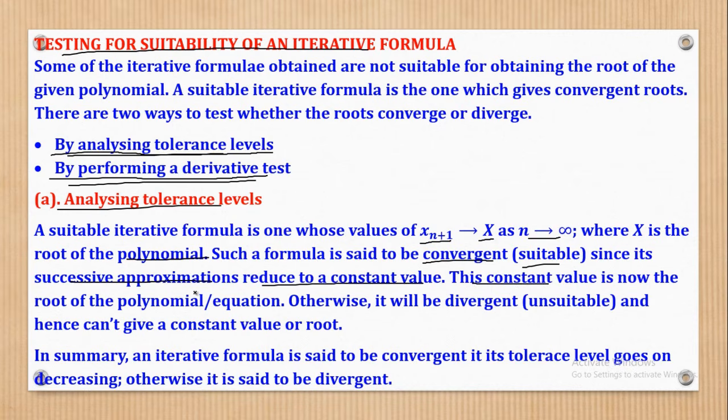This constant value is now the root of the polynomial or equation, otherwise it will be divergent and hence can't give a constant value or root. So if it is convergent, it is suitable; if it is divergent, it is unsuitable. Therefore, using the method of tolerance, it will converge if its tolerance goes on decreasing, otherwise it will be divergent.